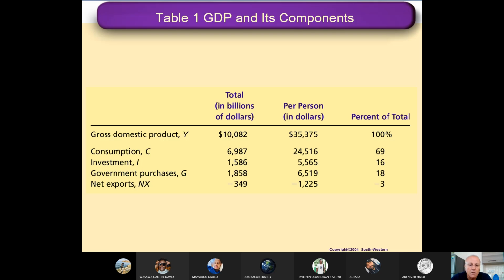When we are looking here, you are observing the GDP is given as $10 billion. Yes, please. Yes, sir. Please, could you explain a bit what it means where it says transfer payment? I don't understand that, please.